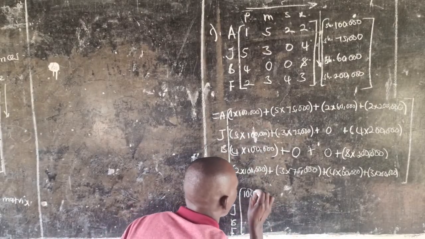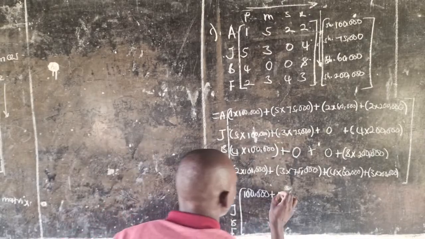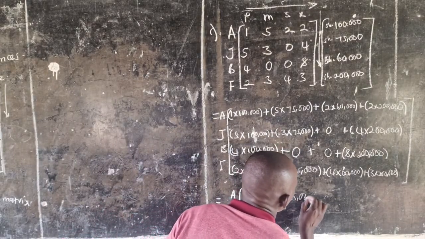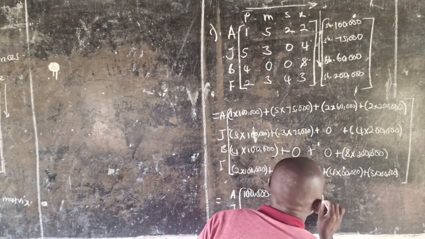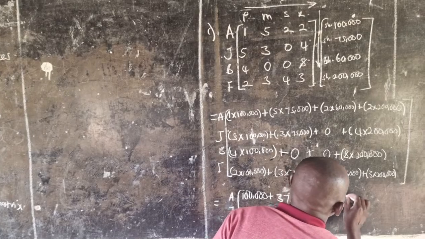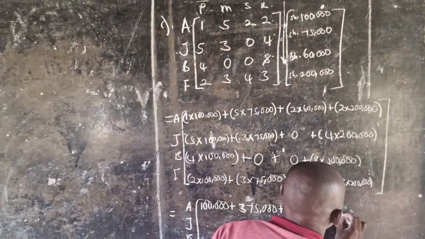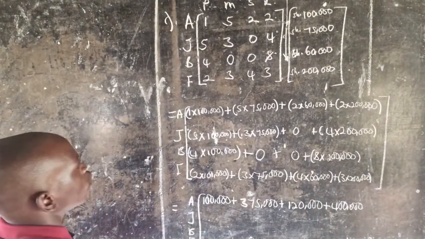This is 100,000 plus 5 times 75, that is around 375,000, then plus 120,000 plus 400,000. Then we come to Josephine.